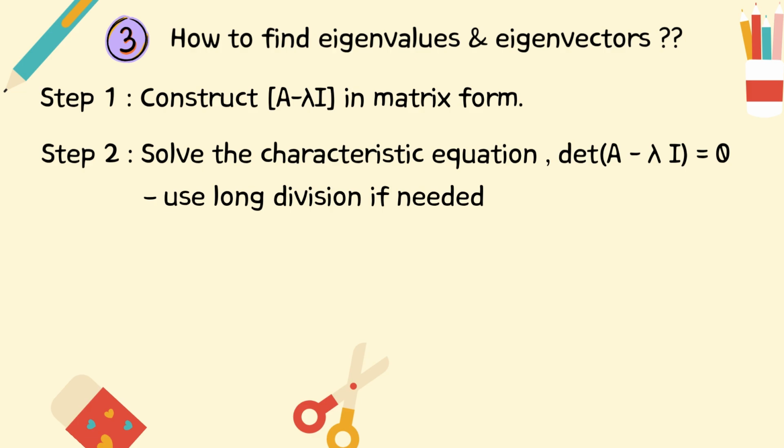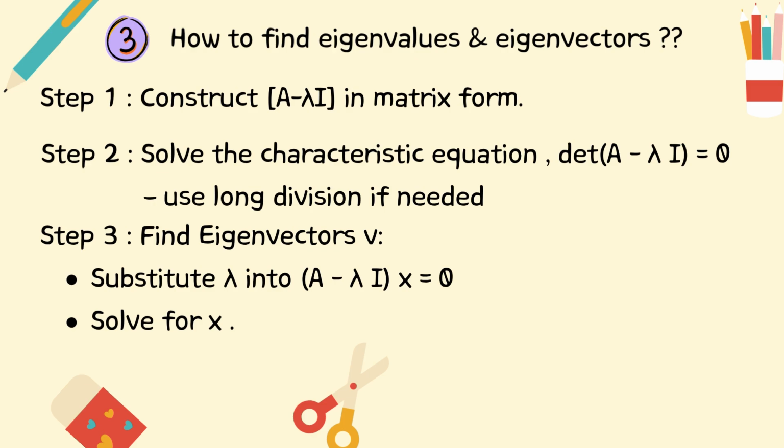If needed, especially for higher order matrices, we can use long division or factoring to simplify the polynomial. And lastly, once we find the eigenvalues lambda, we plug each one back into the matrix equation A minus lambda I multiplied with x equals 0. And then from here, we solve for x.